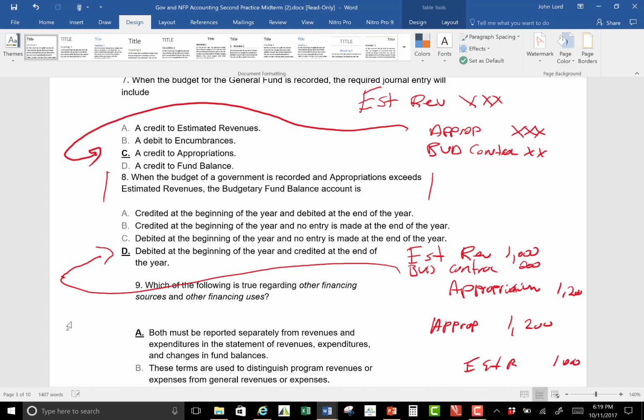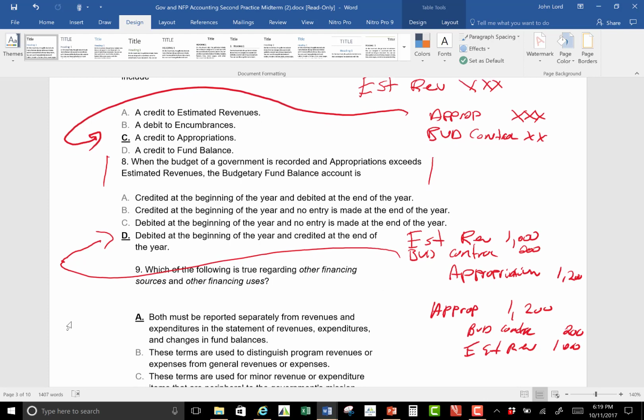Estimated revenue for 1,000 is a credit, and I would have to do what? Credit budgetary control for 200. So is it true that it was debited at the beginning of the year and then what? Credited at the end of the year? Okay, good.